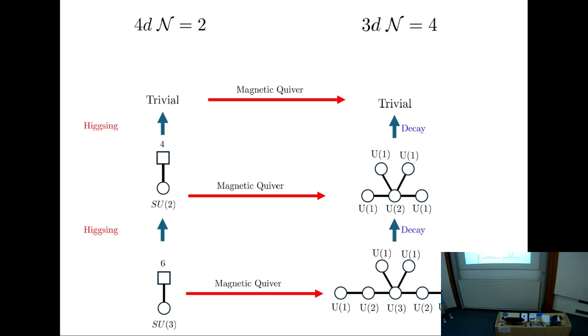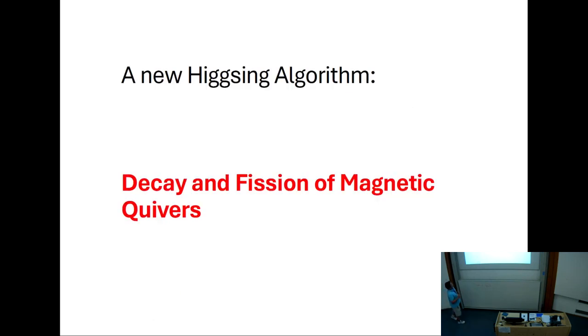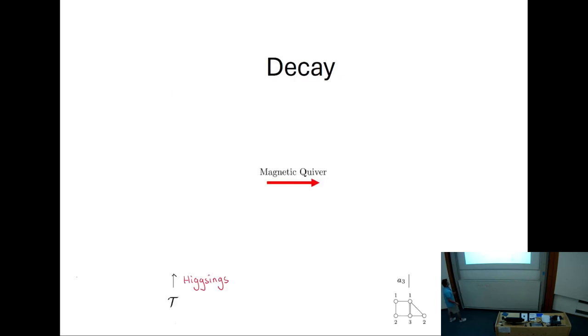Now, just this one example may not seem that convincing, so let's look at some more interesting examples later on. But first, a quick understanding of why it's called a decay and fission algorithm. If you start with some theory T over here, and let's say this is its magnetic quiver, then the algorithm is to take this magnetic quiver and decay it.